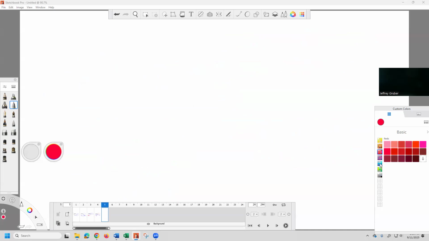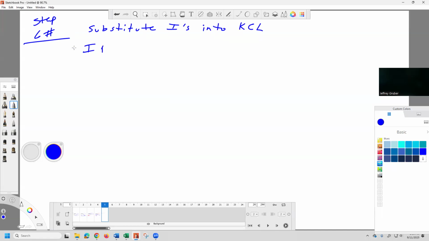So step 6: substitute I's into KCL. So remember, KCL is I1 plus I2 plus I3 equals 0.